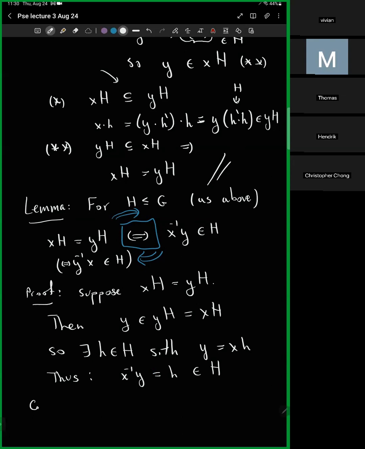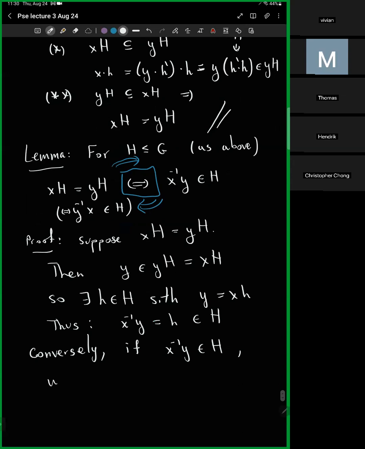And conversely, if x^-1 y is in H, we write x^-1 y is equal to some h.